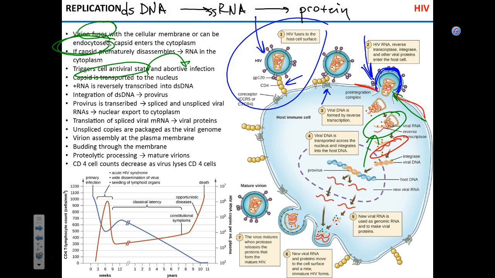It uses its single-stranded RNA genome as the matrix for synthesis of the double-stranded DNA copy. Double-stranded DNA copy of its own genome. Does that make sense to you?